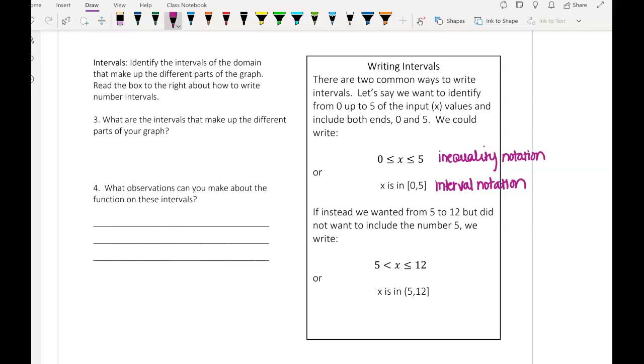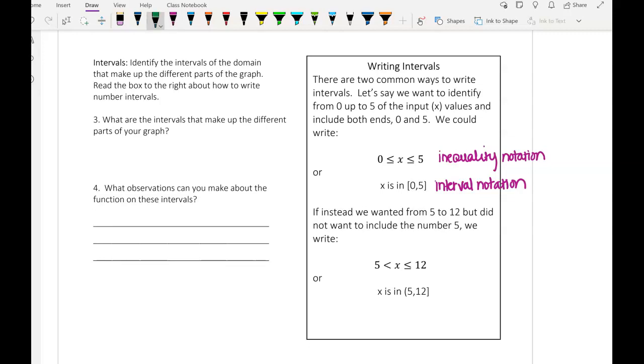In interval notation, which was introduced last year to you, I know it's been a little bit of time, we use a parenthesis for less than or greater than, and we use a bracket for less than or equal to, greater than or equal to.